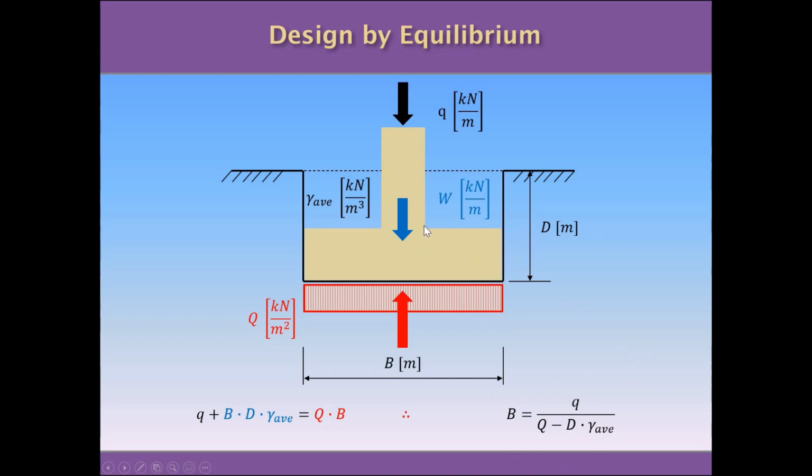This is a very simple approach based on equilibrium in the vertical direction, because this is the mechanism of failure we assume. The bearing capacity has to be able to take the load from the building and the self-weight of the foundation.